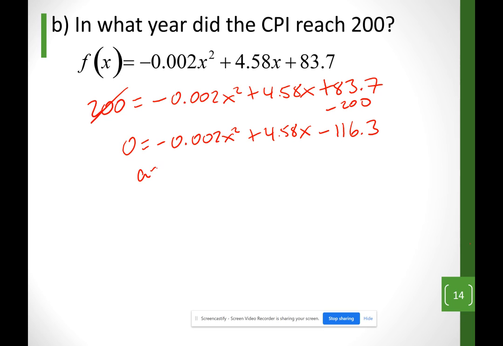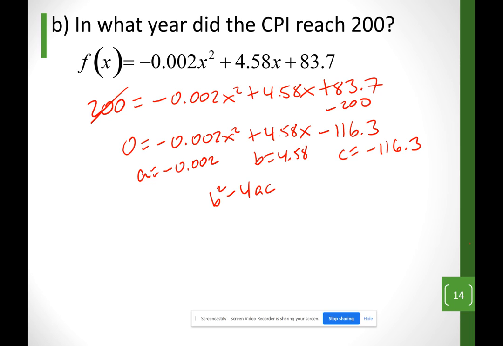My A is negative 0.002. My B is 4.58. And my C is negative 116.3. I've got to do B squared minus 4AC.